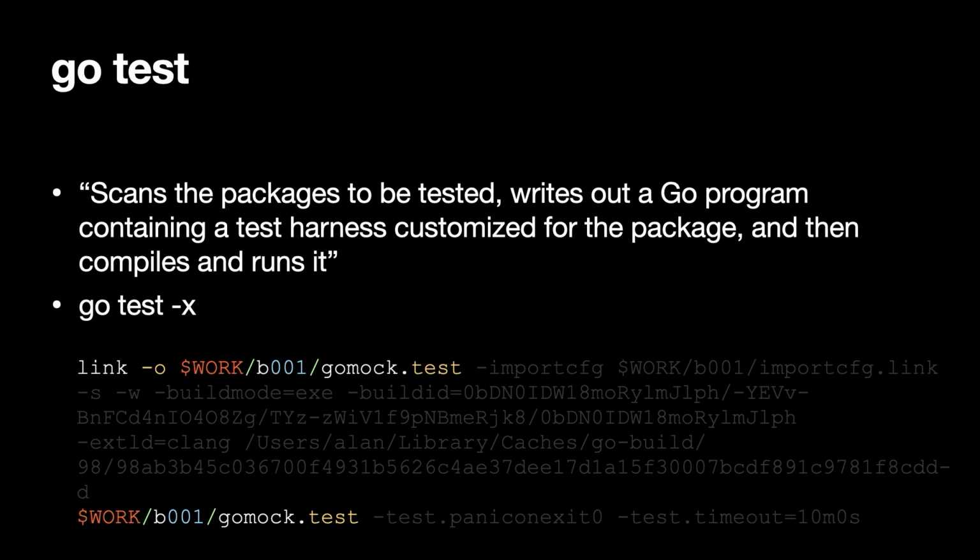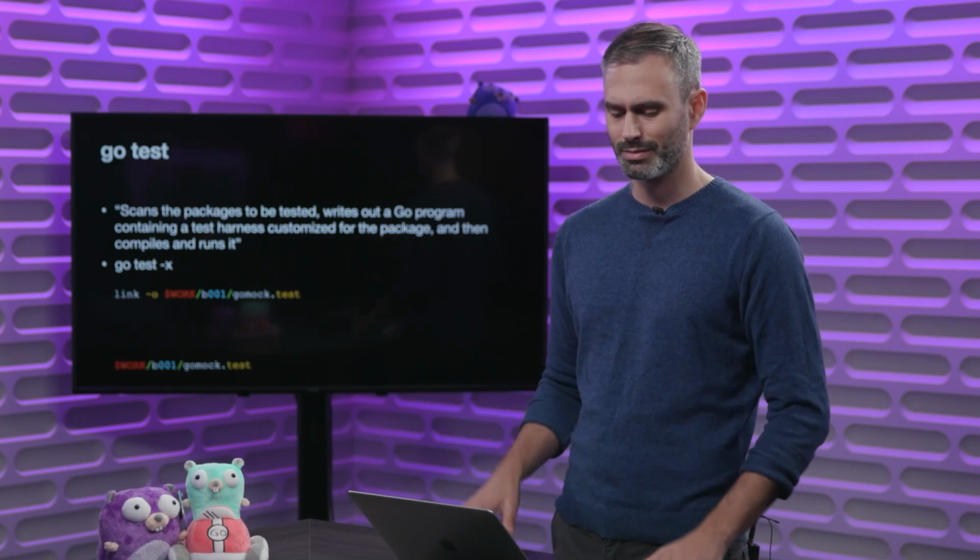What GoTest does is read the source code of all of your tests, identify the names of those tests, and take some input from command line parameters about which tests you want to exercise. Then it writes a new piece of source code that invokes those tests. It compiles it, which is the test harness, and then runs it.